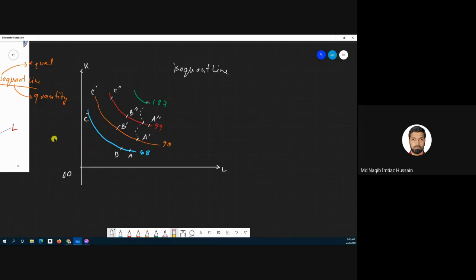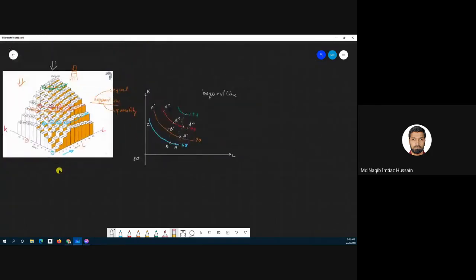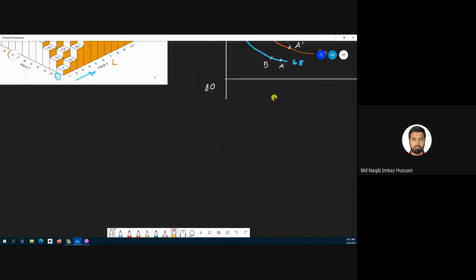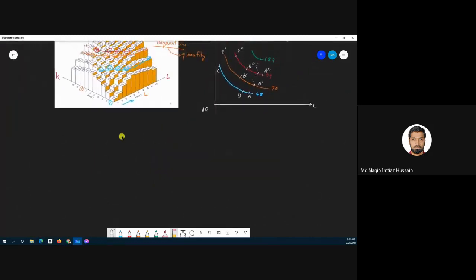Now, if you want to see, okay, let's also look at one of the lines. Let's only observe the 68, right? Isoquant 68.